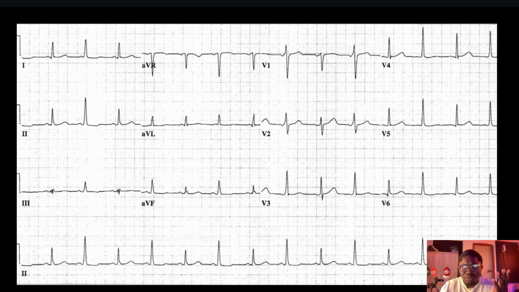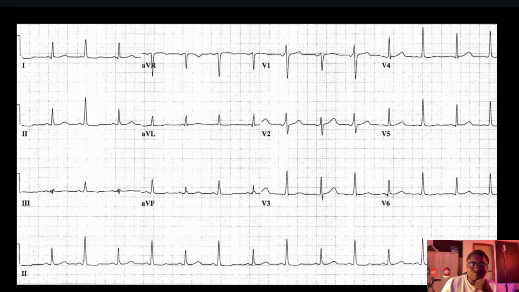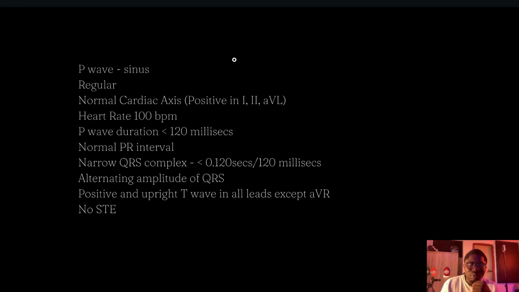A summary of these findings on the next page. We have P waves, sinus rhythm, regular, with normal cardiac axis, heart rate of about 100 beats per minute. I had approximated it to 3 big boxes, but it's more precisely 85 beats per minute.